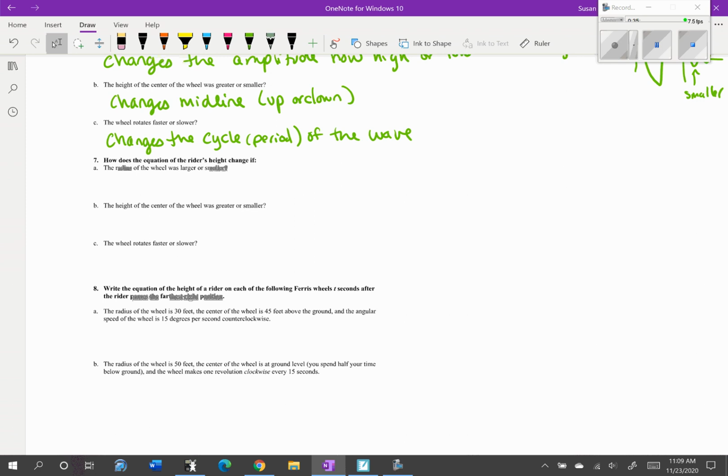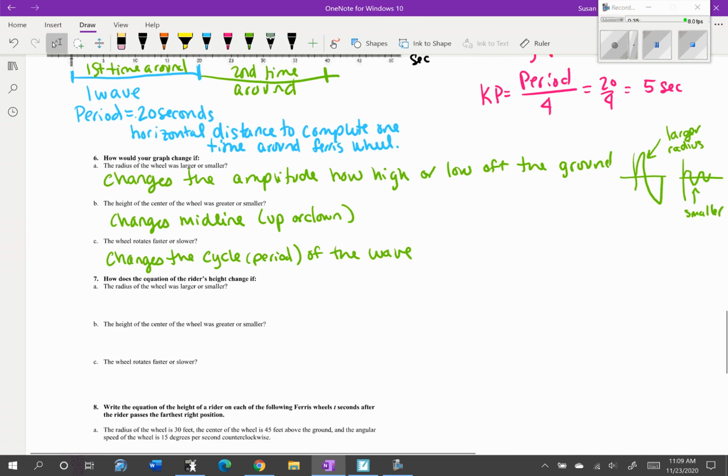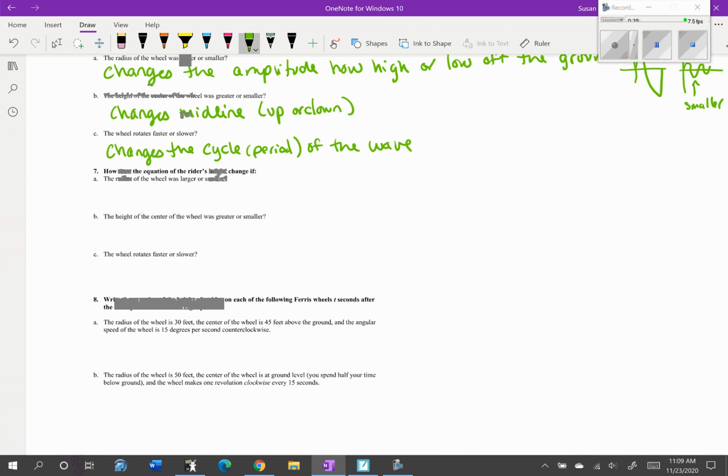So for the next one, that was for how the graph would change. So question 7 says, how does the equation of the rider's height change if, so now we're looking at the equation. So if we go back to the equation that we use, h of t is equal to a times the sine of bt plus d. So we're going to use that equation.